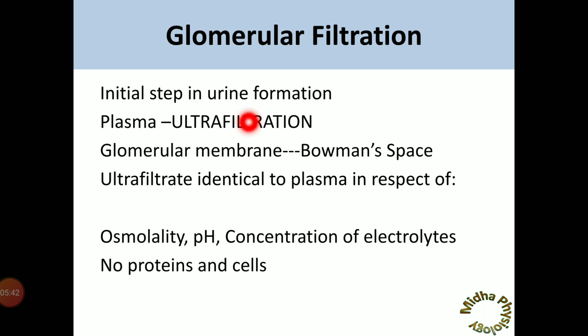From this ultrafiltration, the ultrafiltrate moves towards the Bowman's space, which is continuous with the lumen of the renal tubule. This ultrafiltrate is identical to plasma in respect of osmolality, pH and concentration of electrolytes, but it does not have proteins and blood cells.